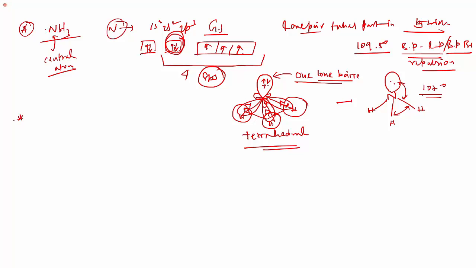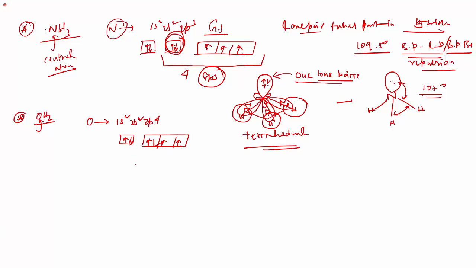So another example, if you see the water case, OH2. So here the central atom is oxygen. So oxygen will have the configuration 1s2, 2s2, and 2p4.